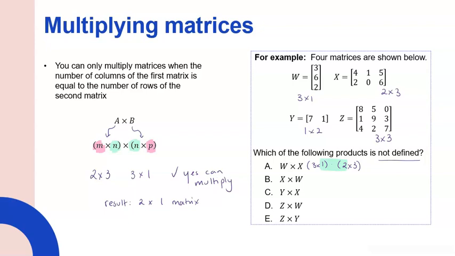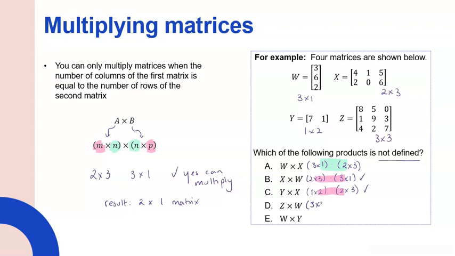So X is a 2 by 3, W is a 3 by 1, and yes, we can do that multiplication because those values are the same. Y is a 1 by 2, X is 2 by 3, and again, yes, 2 columns, 2 rows.